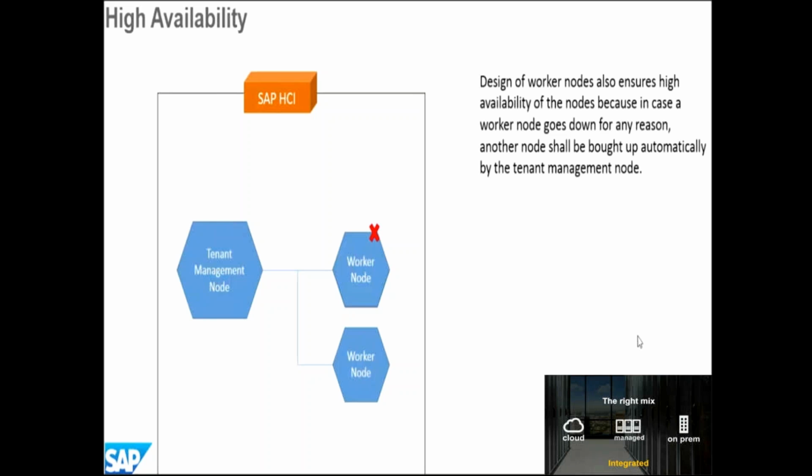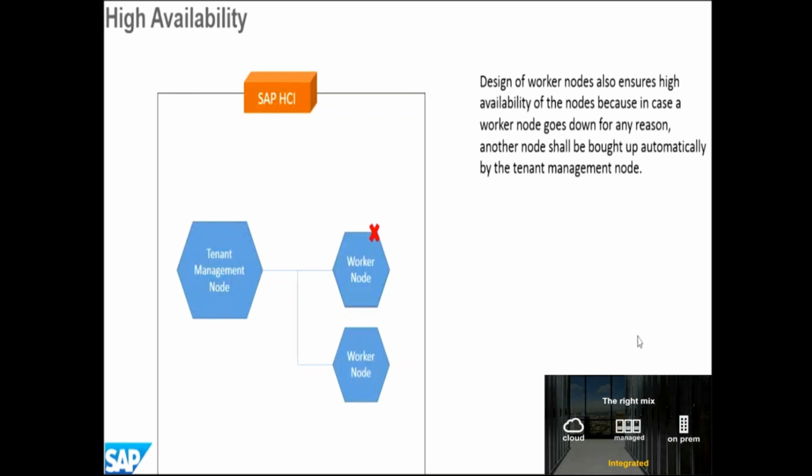But in the back end, let's say at one instance my worker node is not working. It has failed. In the failover process, it will automatically bring up another worker node which is free at that instance, and attach that to my tenant management node.